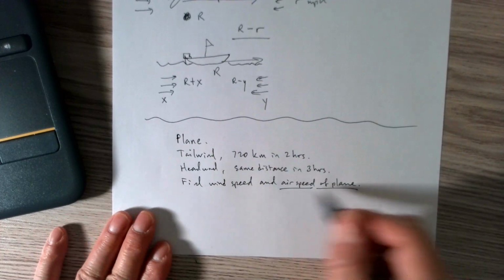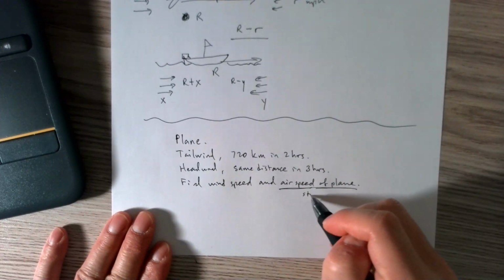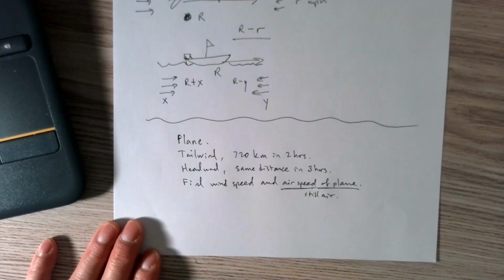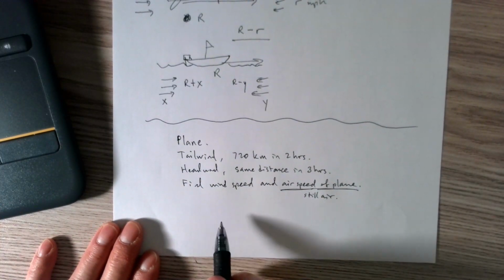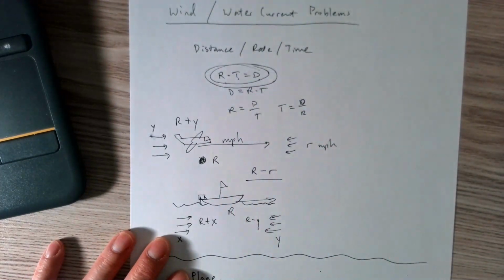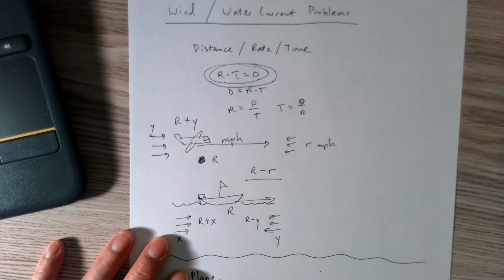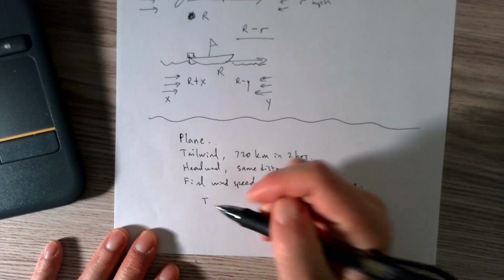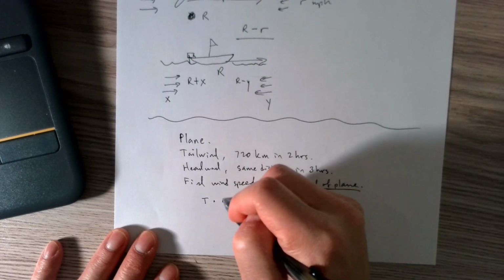So in still air, that just means the same thing as still air, when the air is not moving. Okay, so to set this problem up, we're going to go to our basic rate times time equals distance formula, except I'm going to write it as time times rate.